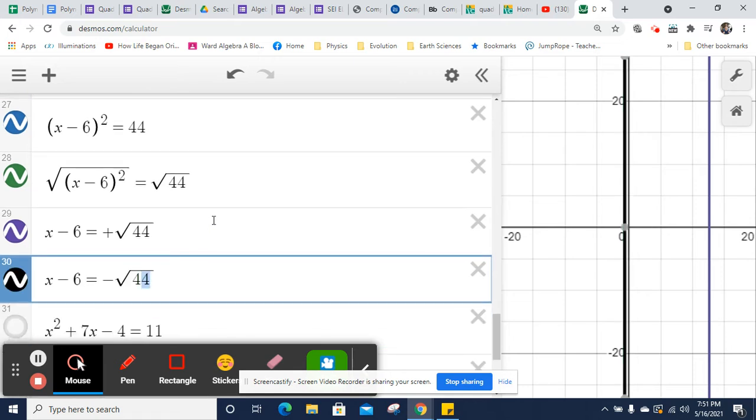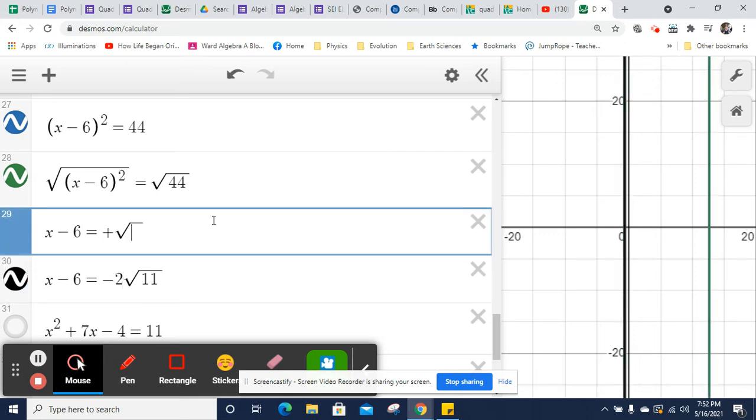And once again, I am going to go ahead and take a factor of 4 out of there. And when I take a factor of 4 out of there, I get the square root of 4, which will be negative 2 or positive 2. And that's a simplified radical. Now I need to just solve this for x.